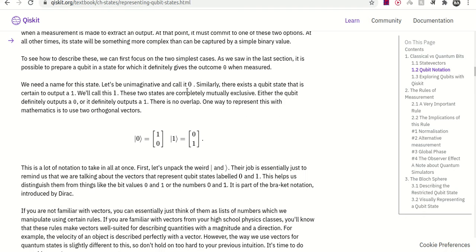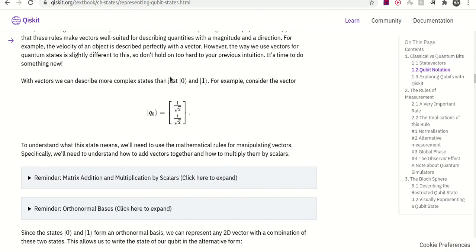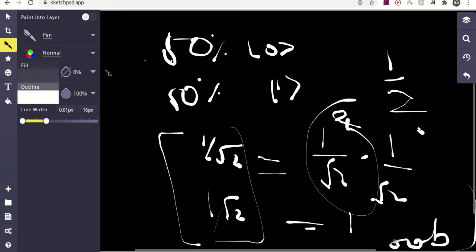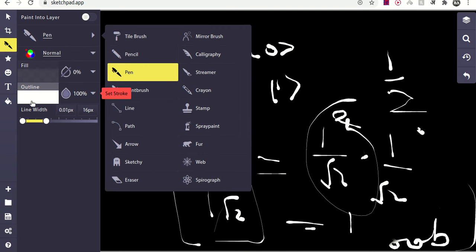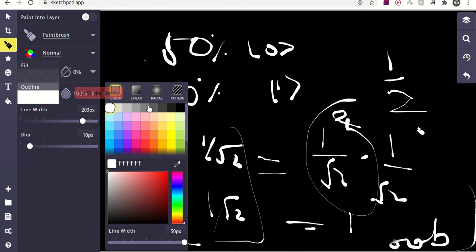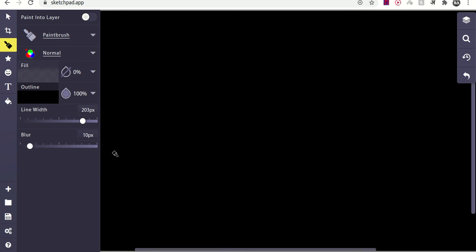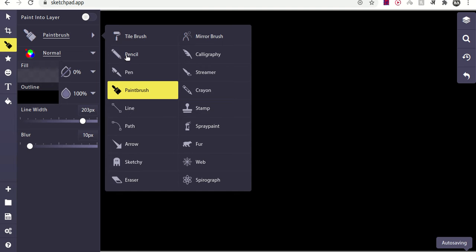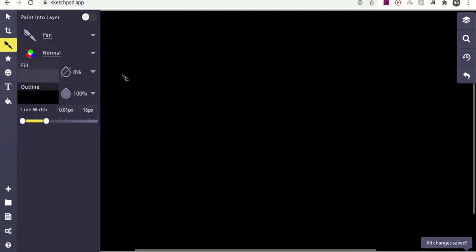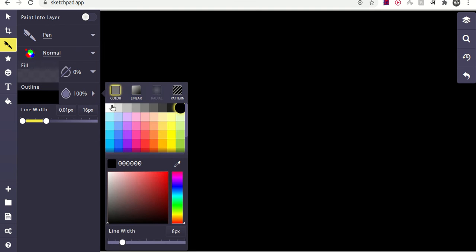Now qubit notation, that's exactly what we are going to do. So if we have the matrix representation of qubits, we are actually going to deal with them in matrix form too. And how are we going to do that?